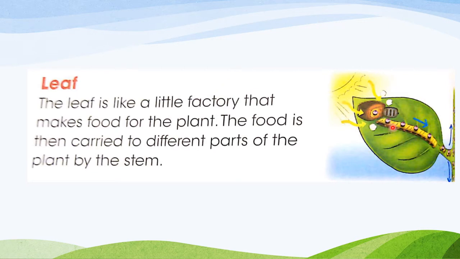Food. Food is made in the leaf. The food is then carried to different parts of the plant by the stem. Okay, this is the leaf. The leaf is the food factory of the plant.